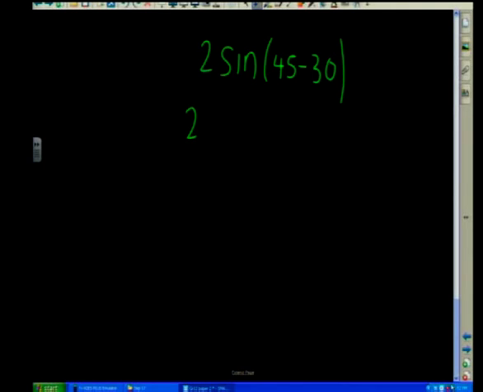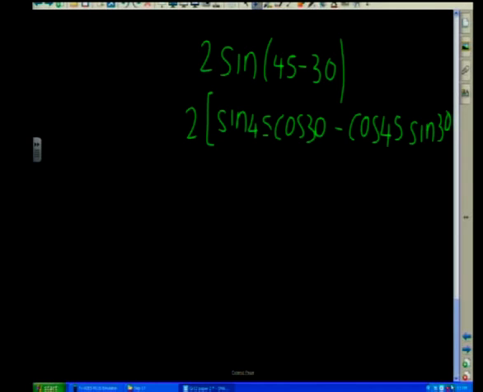Then using my expansion for sine a minus b, this is going to become sine 45 cos 30 minus cos 45 sine 30. Okay, all right. Now we've got sine 45, cos 30, cos 45, sine 30.